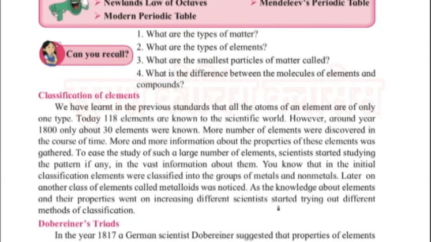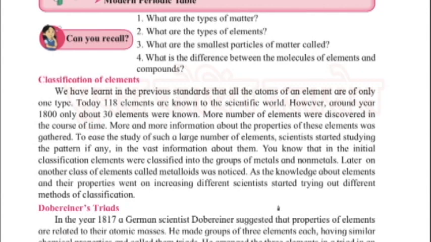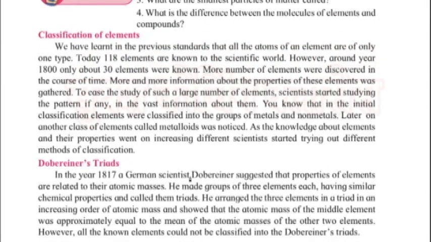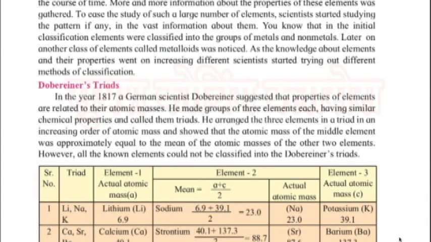Initially they were classified into two groups only, metals and non-metals. Later on another group was also discovered, that is called as a metalloid. As we studied just now, the elements were classified into three groups: metals, non-metals and metalloids. But it was not sufficient for them. So later on different properties were discovered, and scientists found the need to classify the elements into different groups.